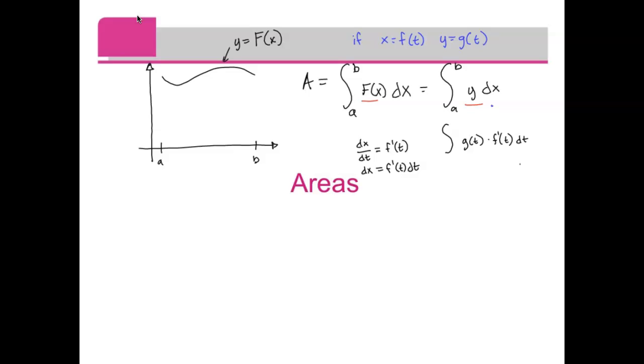And then I would update my limits of integration just like you do with a u substitution, right? If you don't want to go back to terms of x and you have a definite integral, you can update your limits to be in terms of u. So I would update my limits to be in terms of t, and I'm just going to say that they are alpha and beta, where t traces out the curve between alpha and beta.